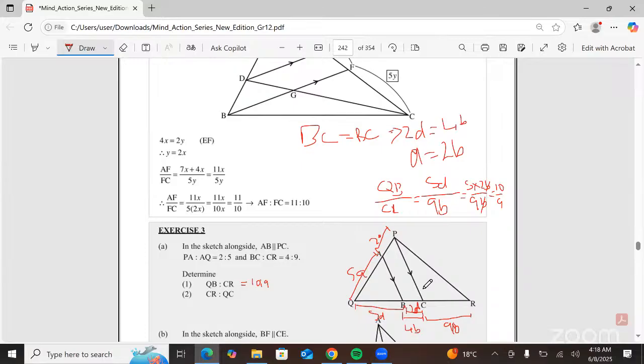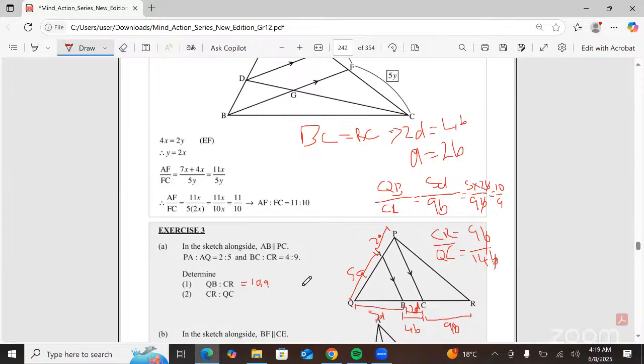Since we already have QB as 10B, and CR is 9B, in the previous question we found that QB is 10B, so we can say QC is 10B plus 4B, which is 14B.